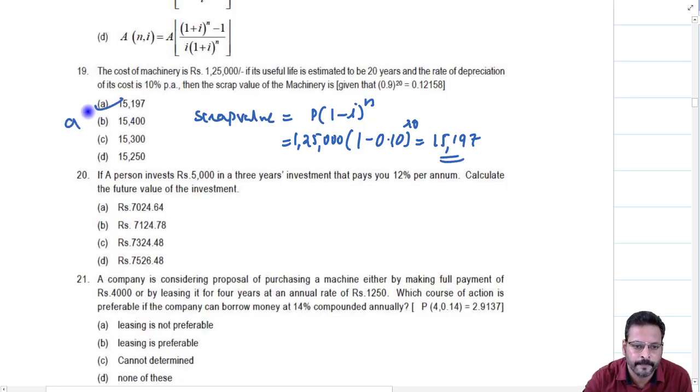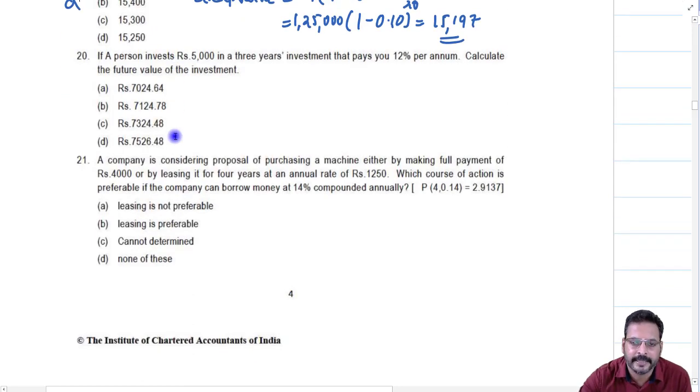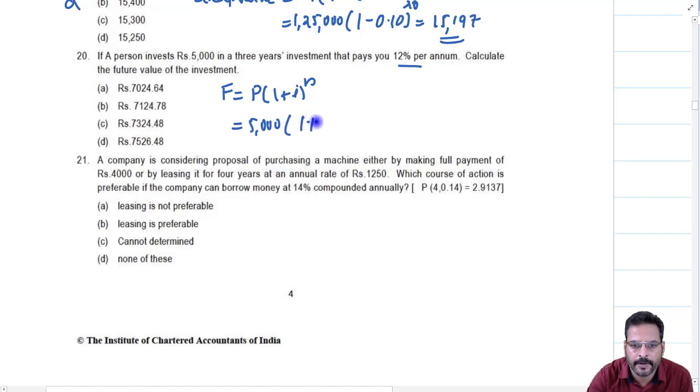Answer A. A person invests rupees 5,000 in a 3-year investment that pays 12% per annum. Calculate the future value of the investment. F is equal to P into (1 plus I) the whole raised to N. So that means 5,000 into 1.12 the whole raised to 3.